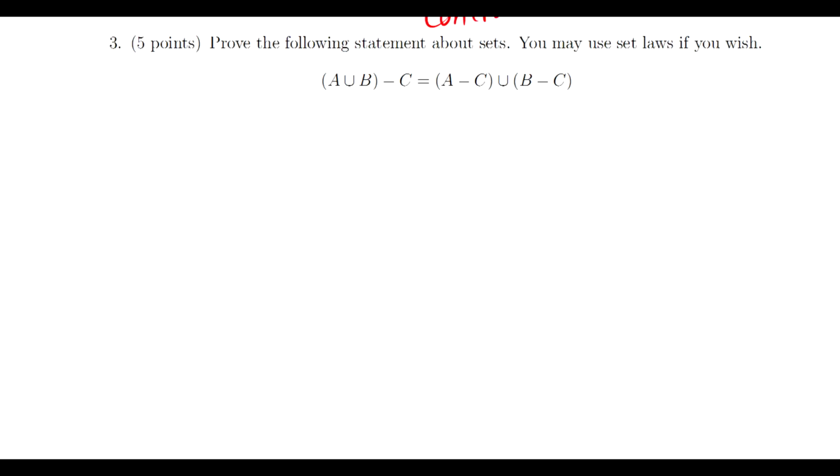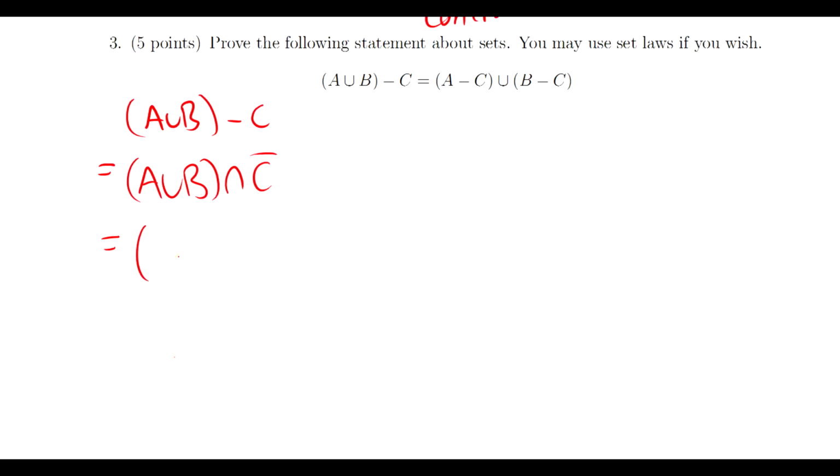So we have to prove the following statements about sets. You can use set laws. Because this is not the set theory section, I'm allowing set laws because this is a proof section. So A union B minus C is equivalent to A union B intersection C bar, by definition of the difference.